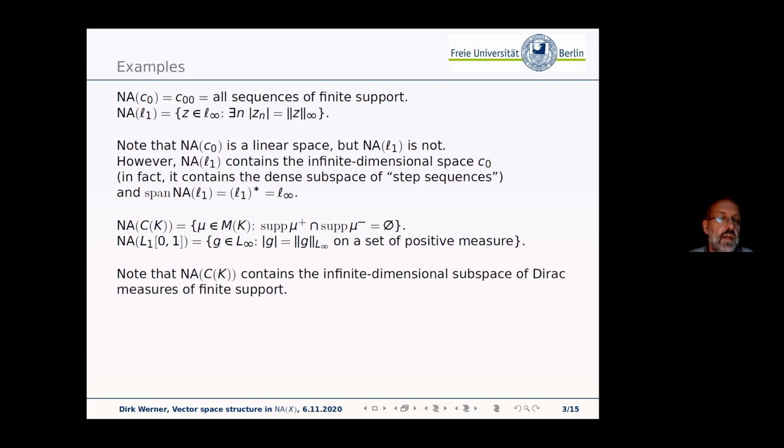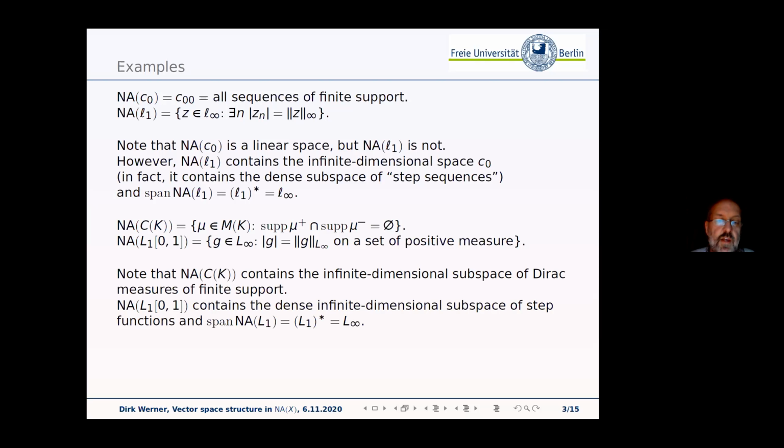Again, we see that in these examples, there are infinite dimensional subspaces consisting entirely of norm-attaining functionals. And as far as capital L1 is concerned, again, the span of the norm-attaining functionals is the whole dual.